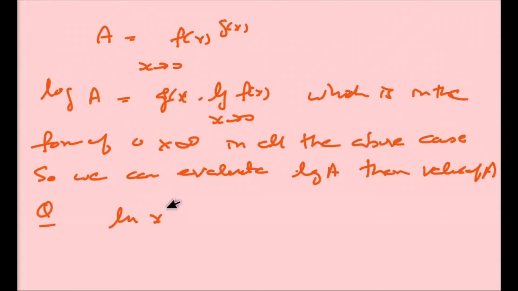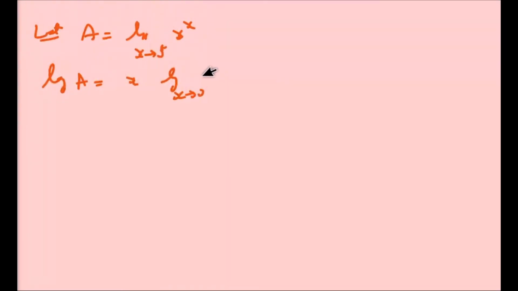Limit x tends towards 0 plus x to the power x. So we can say let a equal to limit x tends towards 0 plus x to the power x. Taking log a, we can write x into log x, x tends towards 0 plus.